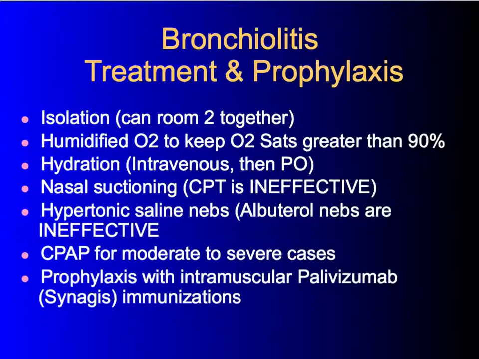They will need nasal suctioning. Chest PT is ineffective and should not be done. Hypertonic saline nebulizers are the treatment of choice because albuterol nebulizers are ineffective. CPAP may be used for moderate to severe cases, and those children will be in the intensive care unit. And the best treatment is a prophylaxis with intramuscular palivizumab or Synagis immunizations.